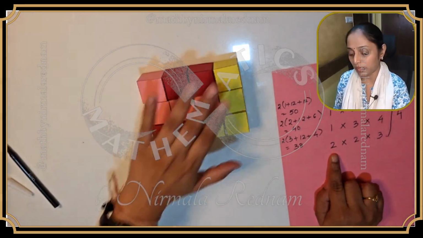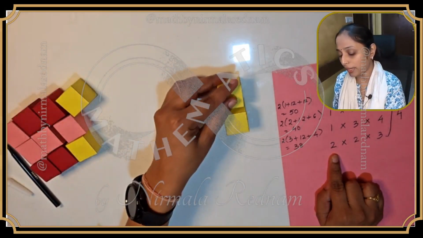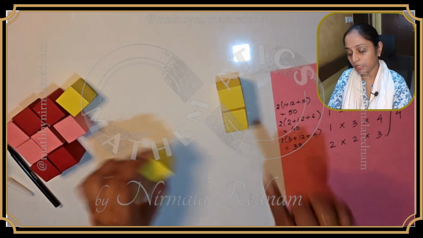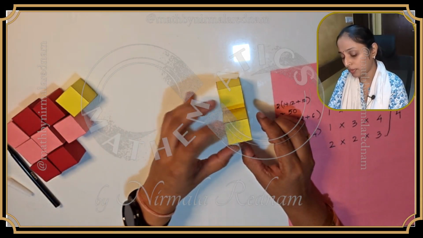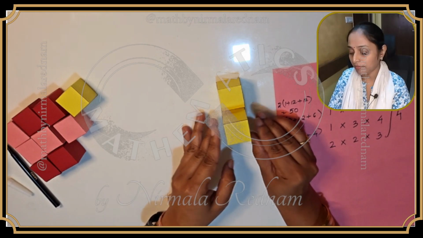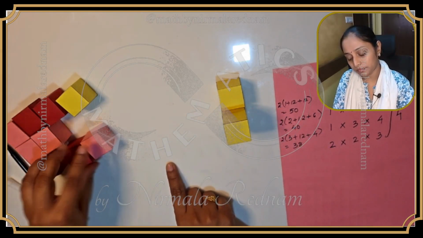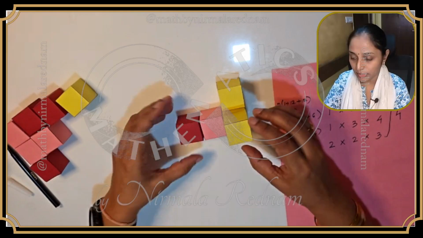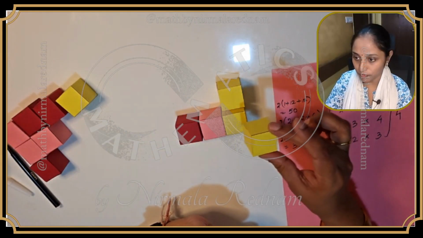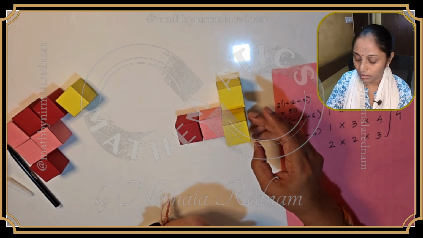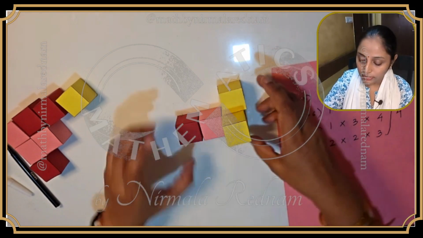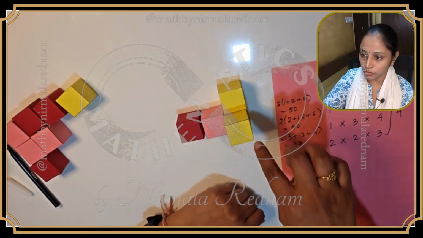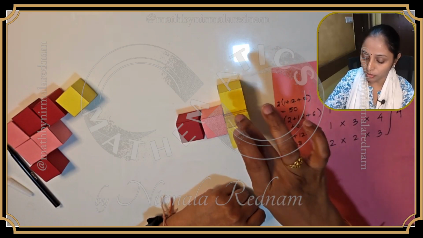Now coming to the fourth one, I have 2 by 2 by 3. So this dimension is 2, height is also 2. I have placed 1 on top of the other here. What I'm saying is, this dimension is 2, this dimension here is also 2, as you can see, I have placed 1 on top of the other.